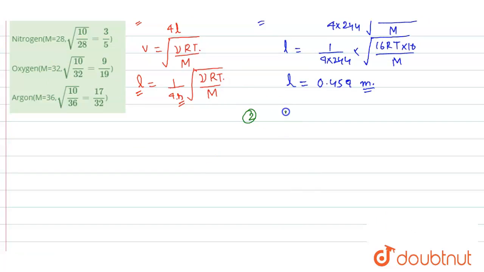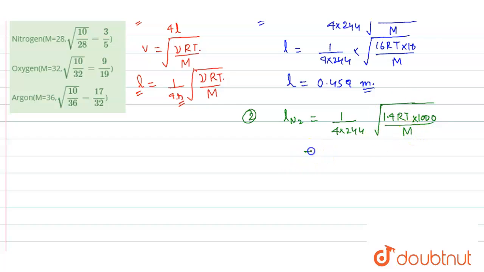Now we will directly put the values for nitrogen. This is 1 upon 4 into 244. Now nitrogen is a diatomic gas, so its gamma will be 1.4 RT into 1000, since the molar mass is in grams.